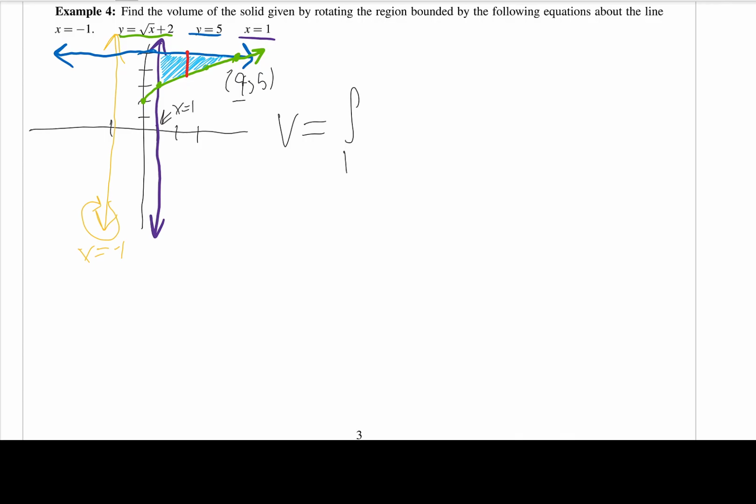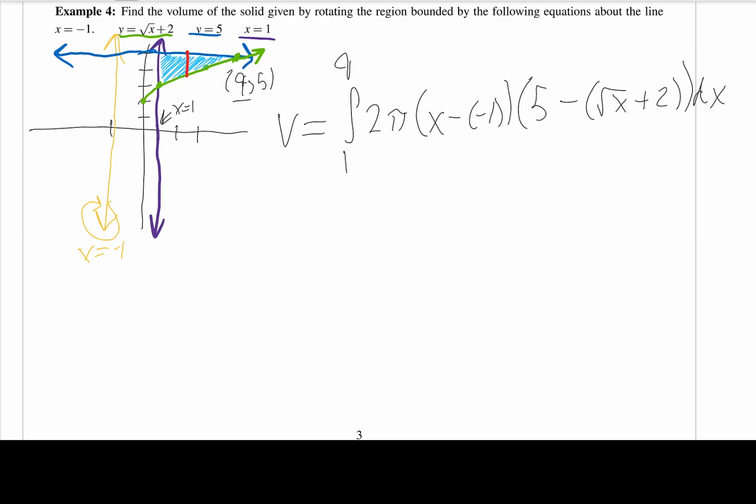So this is going to be from 1 to 9 of 2 pi times, now we're to the right of our axis of rotation. So that means this should be x minus c, where c is going to be -1. So this is x minus -1 times top minus bottom. So that would be 5 minus square root x plus 2 dx.